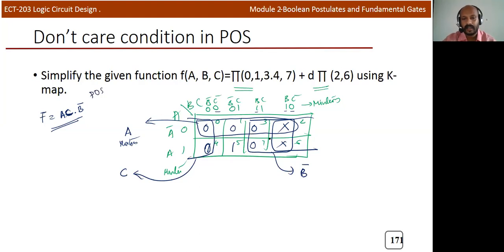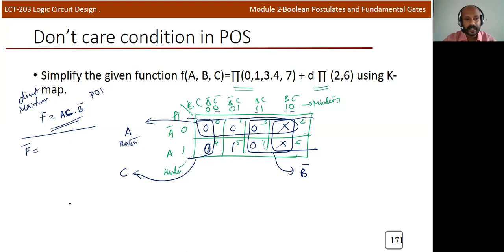Three groups are represented here. This is one way, and we will try the F complement notation. This is directly max term representation. Instead of that, I can write the min term representation, which gives you F complement.